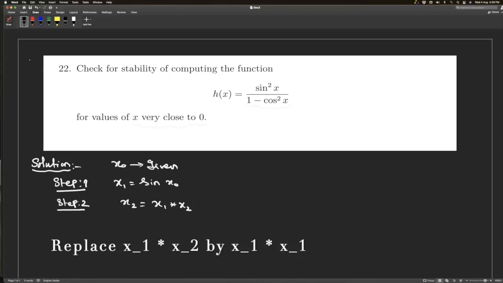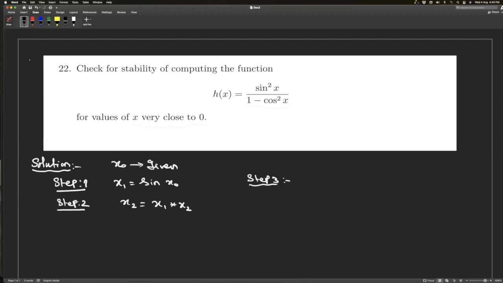Now going to evaluate the denominator. Let's call this as step 3. When I ask you to study the stability, first you have to clearly write all the steps which are involved in evaluating the function. x3 can be cos x naught. Then step 4 is x4, which is x3 into x3.